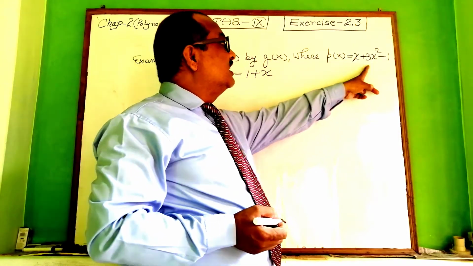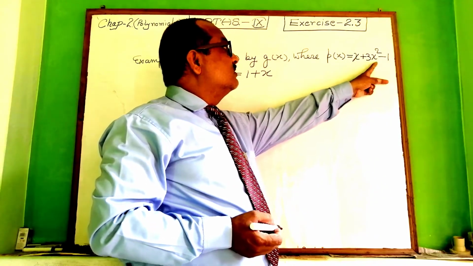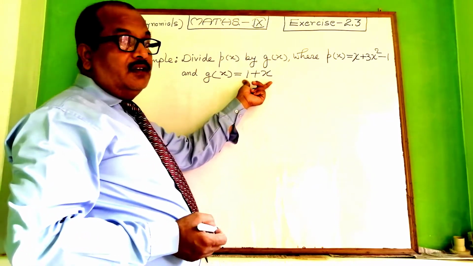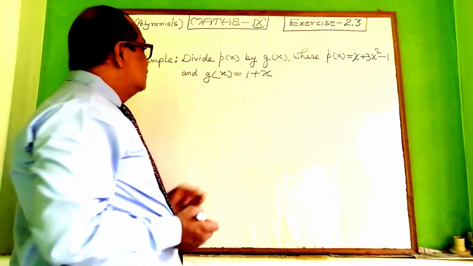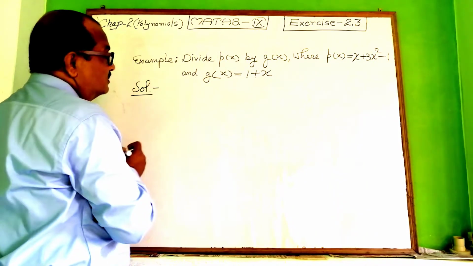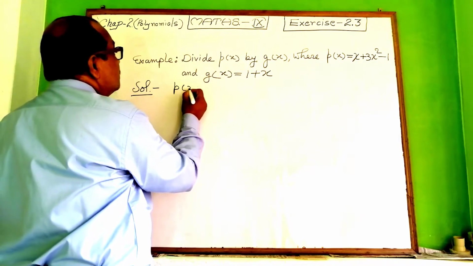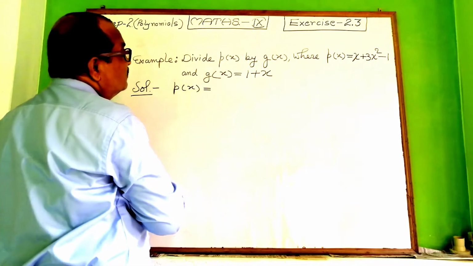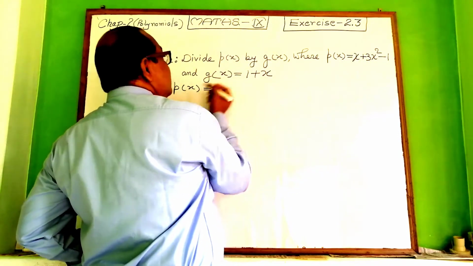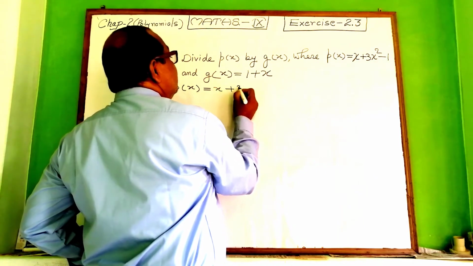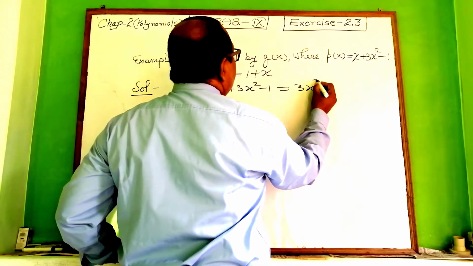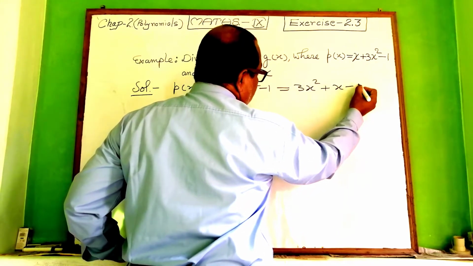One polynomial p(x) is given: x plus 3x square minus 1, and g(x) polynomial is given: 1 plus x. For doing this type of division, first of all we will arrange this p(x) in decreasing power of x, so you can write x plus 3x square minus 1 as 3x square plus x minus 1.